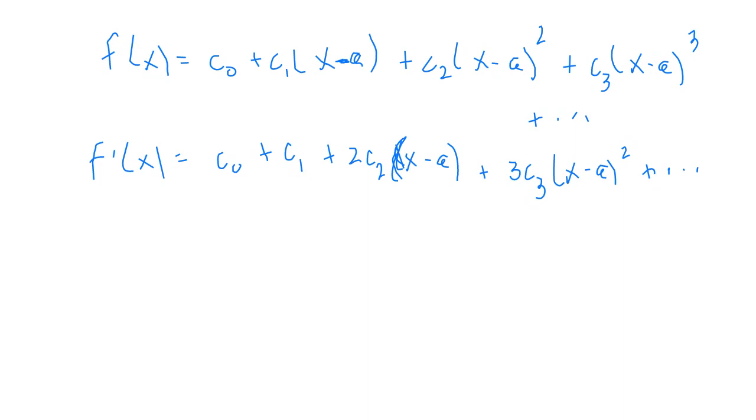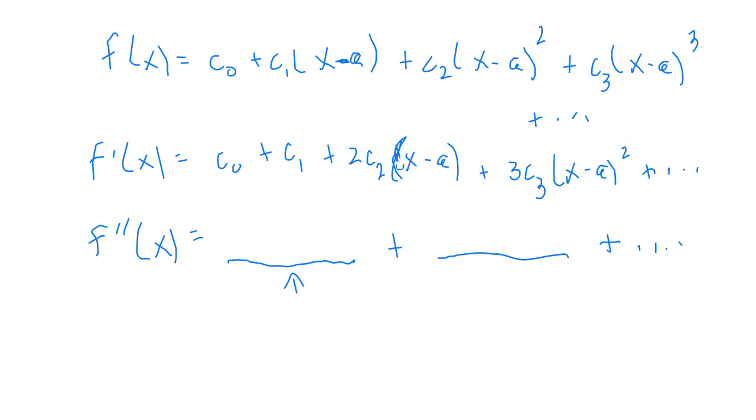Now let's take the second derivative. The second derivative is going to equal something plus something, and of course the terms continue. Can you tell me what's going to go in the first blank there?